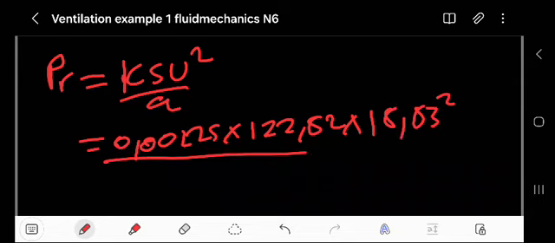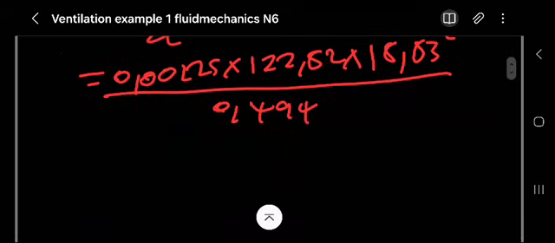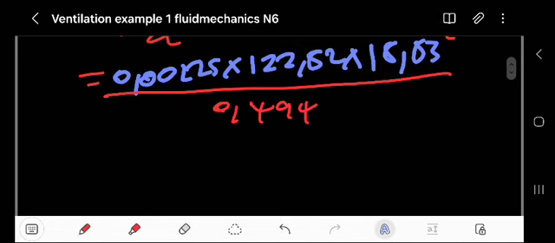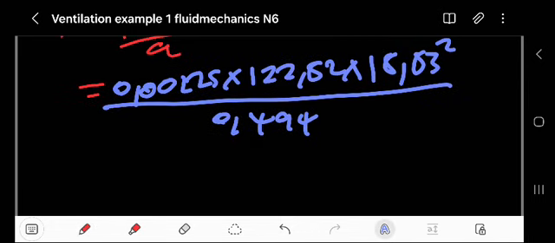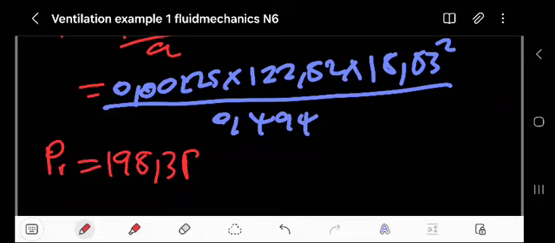You square that, then divide by the area, which is 0.494. Then you punch all of this on your calculator. You're supposed to get that your pressure will be 198.3 Pascal.